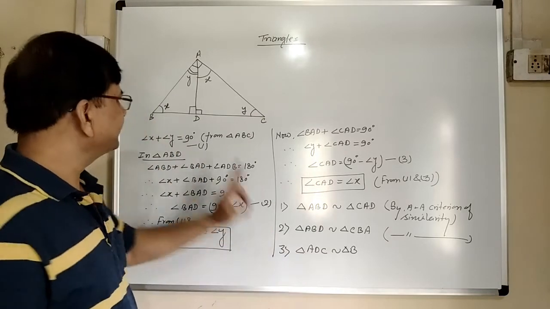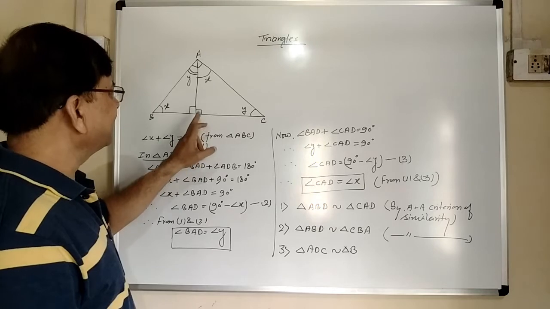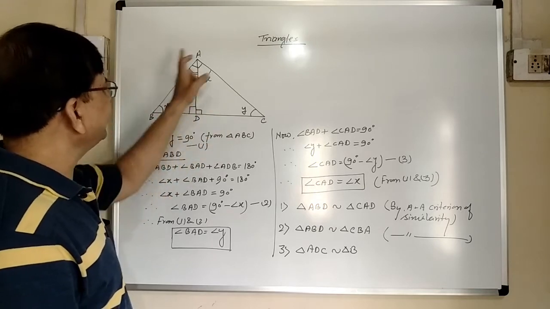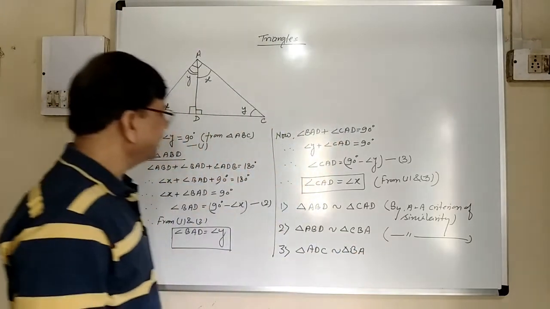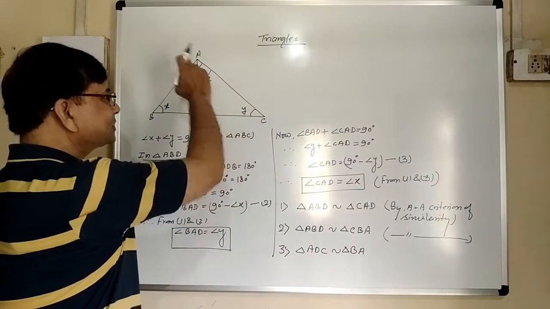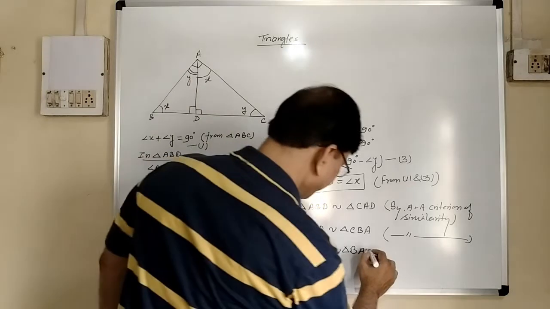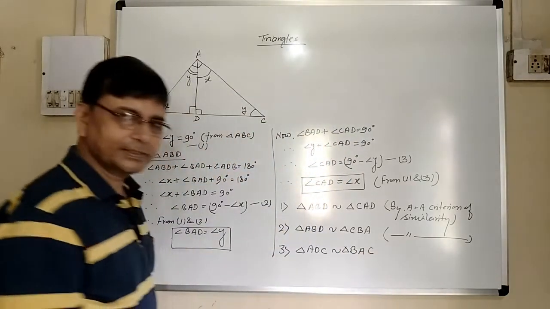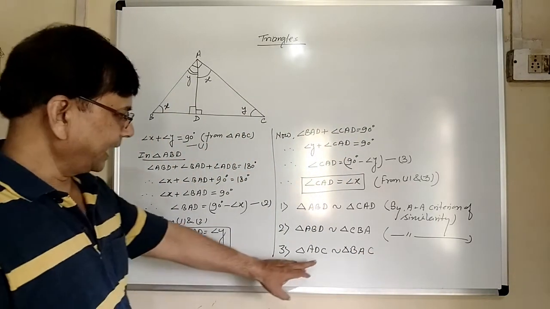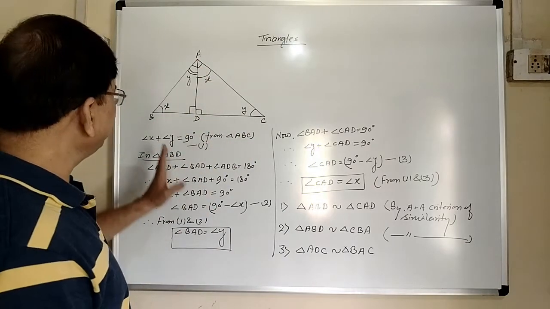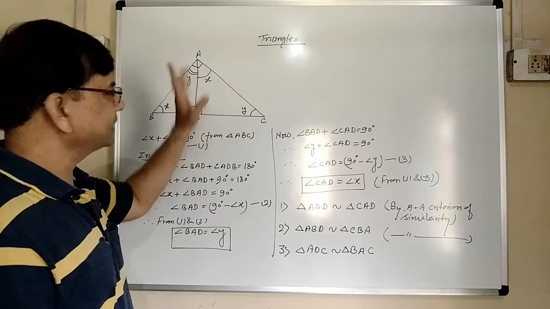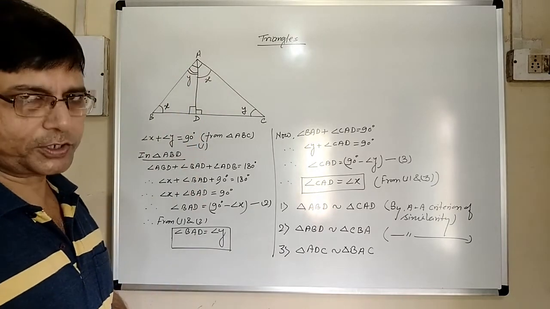Then comes D. D is 90 degree for this triangle. For the big triangle it corresponds to A. The last one, C, is common in the big triangle also. So we will write C. See the difference. I have taken ADC and the big triangle ABC, whether these two are similar or not.